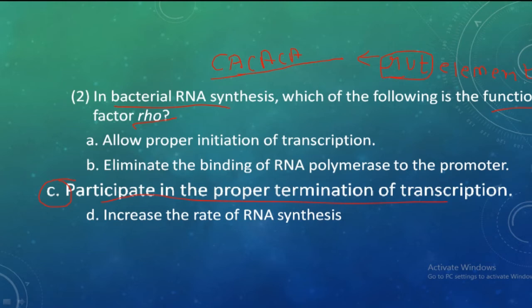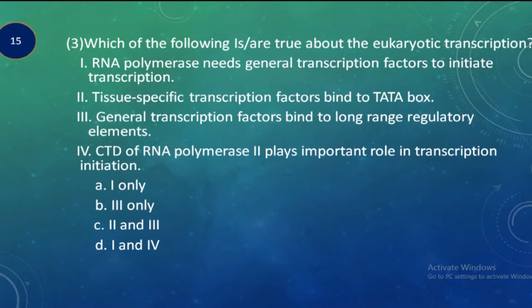Now next question. Which of the following is or are true about eukaryotic transcription? Earlier we have seen prokaryotic transcription; now they have asked about eukaryotic transcription. First, RNA polymerase needs general transcription factor to initiate transcription. 2. Tissue specific transcription factors bind to data box. 3.